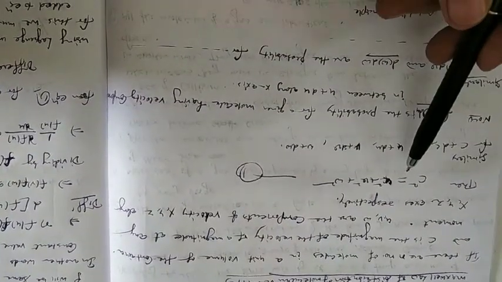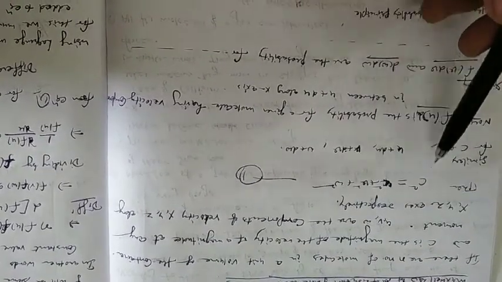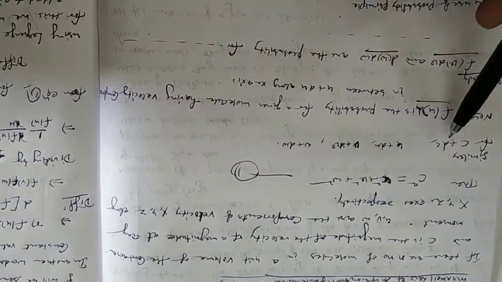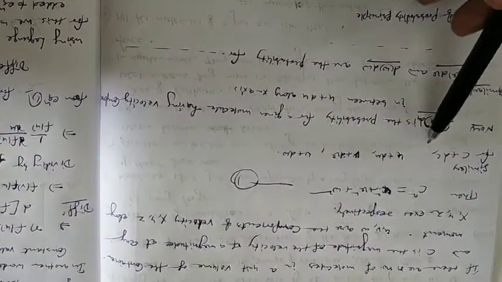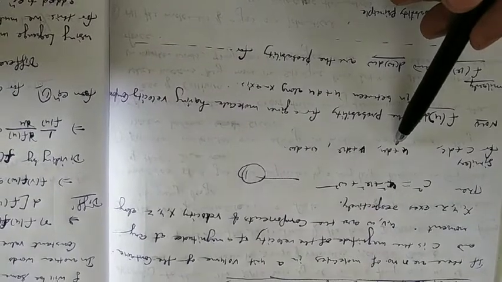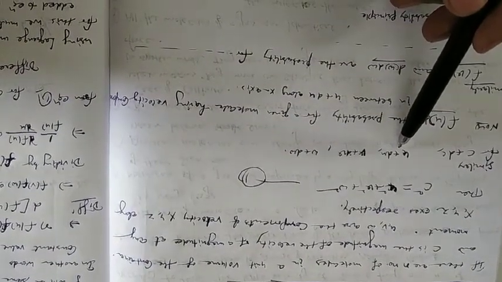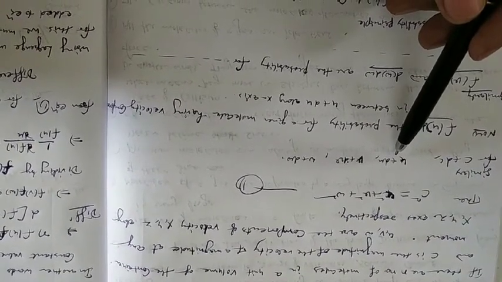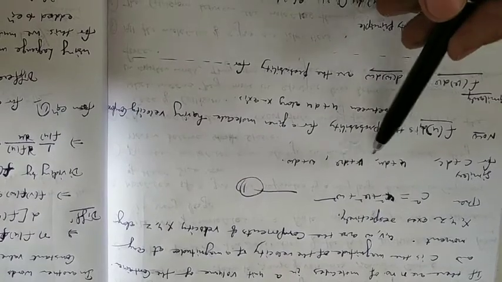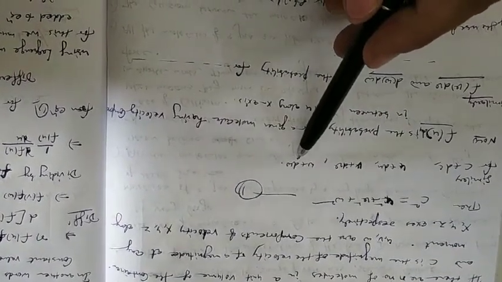This equation holds for u, v, w. If the velocity is c plus dc, then accordingly the components along x, y, z will be u plus du, v plus dv and w plus dw respectively.